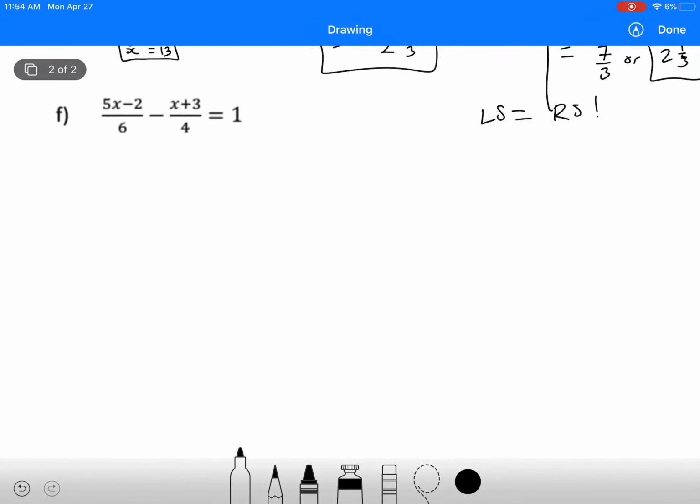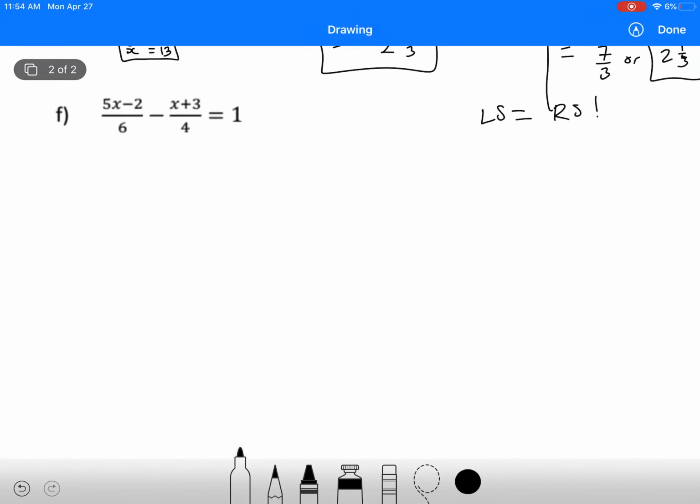So our denominators are 4 and 6. So I start writing some multiples of 4 out. I'll start writing the multiples of 6 out, and hopefully I realize right off the bat, they both share 12 as a multiple.